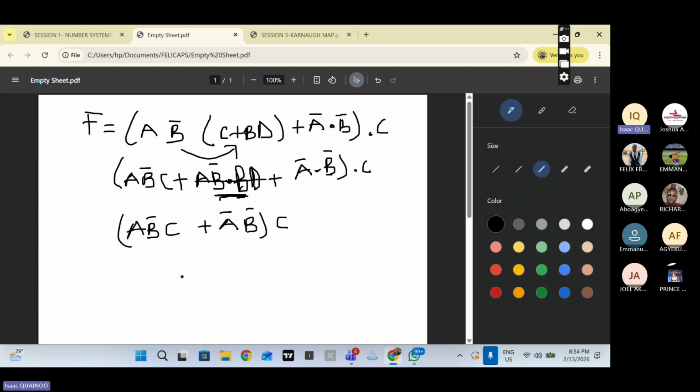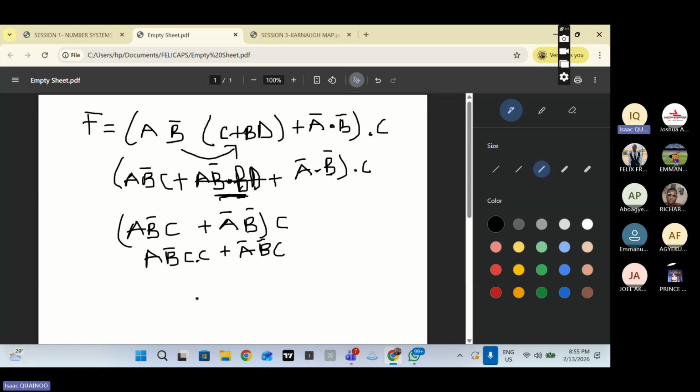So we can now continue from there, or progress from there, right? So what again can we do? We can decide to now open our bigger brackets, right? And if we open that bracket, or we distribute our C, what are we going to get? We are going to get A, B prime, C times C, right? Plus A prime, B prime, then we have our C right here.